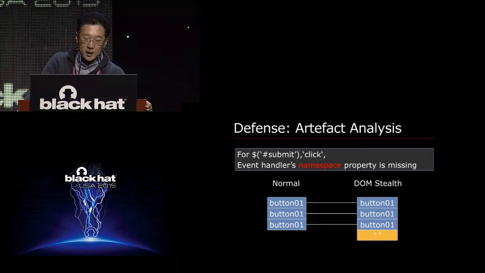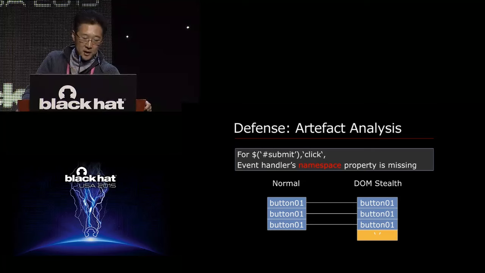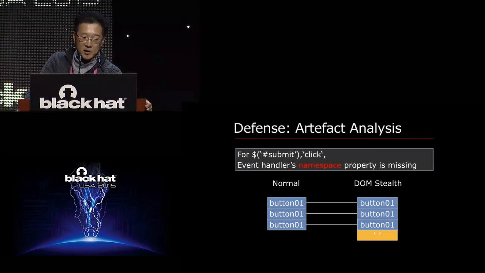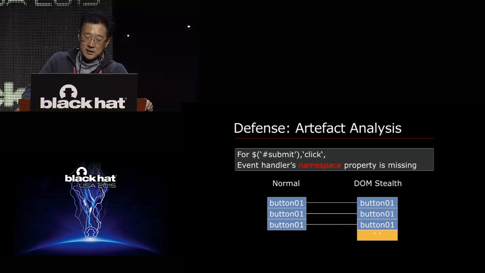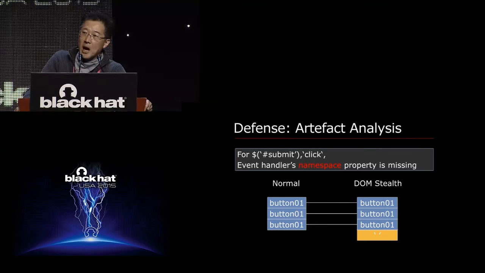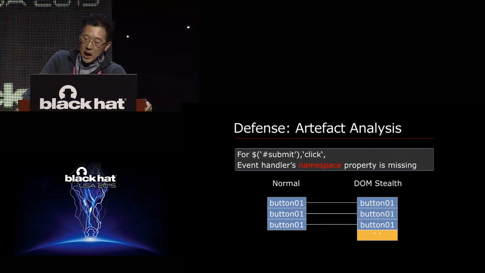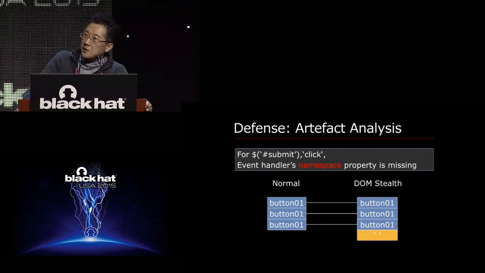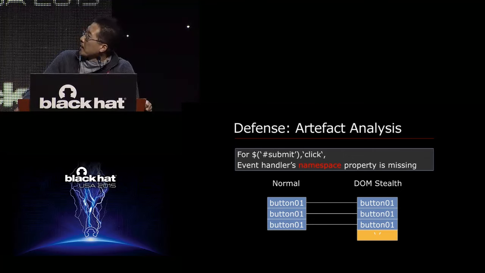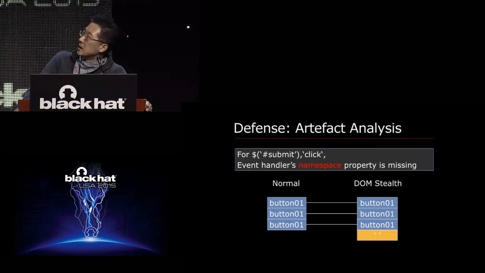As part of my research, I have discovered an artifact: when a function object that's associated with a particular event is removed, the string of the namespace property is just empty.